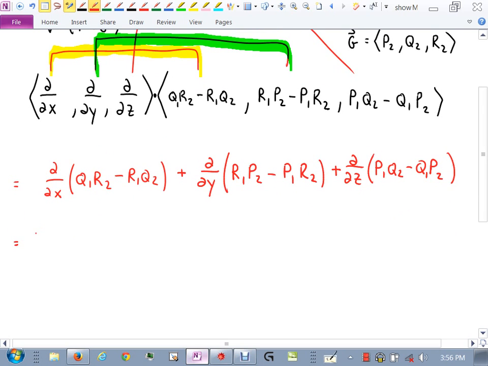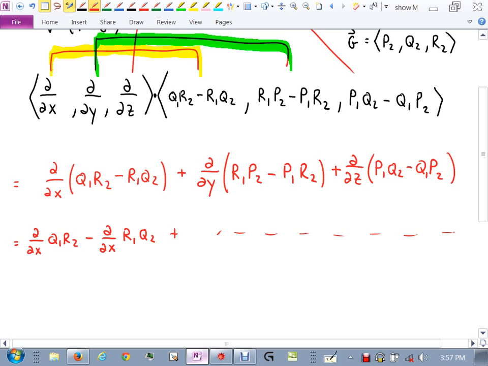This is going to be partial with respect to x of Q1 R2 minus partial with respect to x of R1 Q2 plus all that junk over there, distributed through, right? Distribute the operator through. I have not taken the derivative yet. I've just applied the derivative to each of these terms.